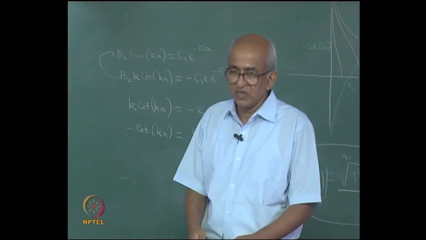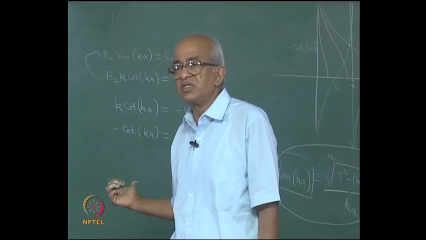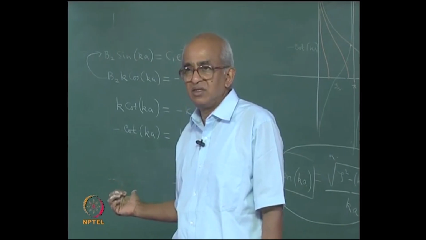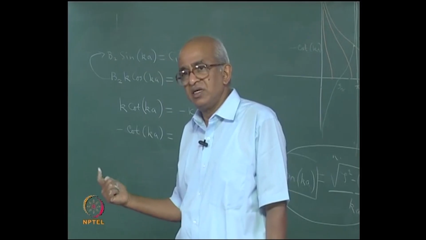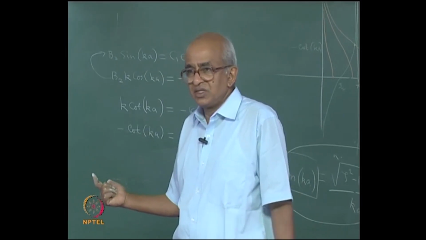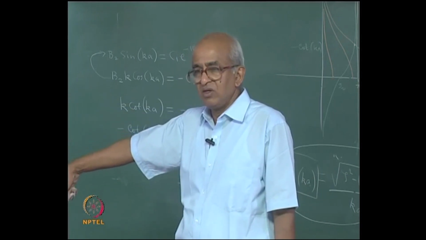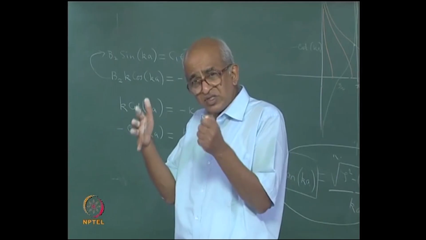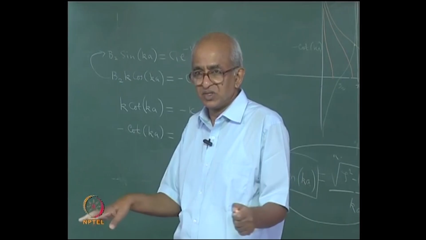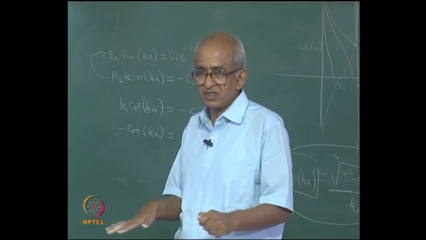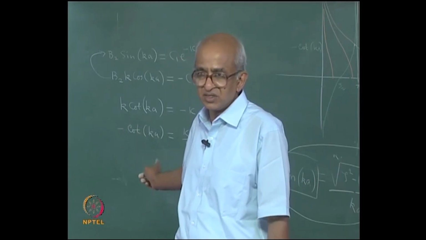So, if you made the potential weaker, you will find that it is not necessary that there should be a bound state of antisymmetric nature. There will be one bound state, but it will not be antisymmetric, it will be symmetric, right. So, the lowest possible state, the symmetric state, will always be there, but it is not necessary that there should be an antisymmetric state.